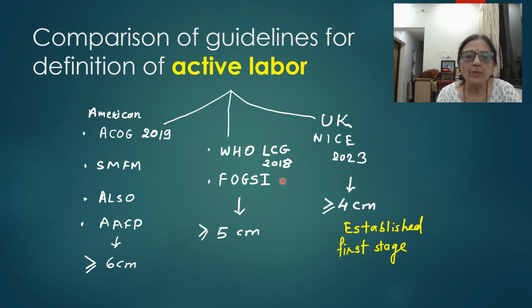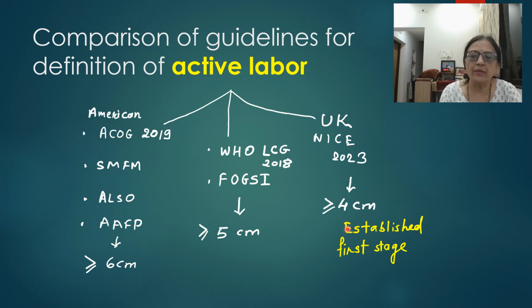What the WHO labor care guide defines as active labor is whenever the cervical dilatation is greater than or equal to 5 centimeters. On the other hand, the United Kingdom, mainly the NICE guideline 2023, is still continuing with the definition of active labor as greater than or equal to 4 centimeters, and the terminology used by this UK guideline is not active labor but established first stage.